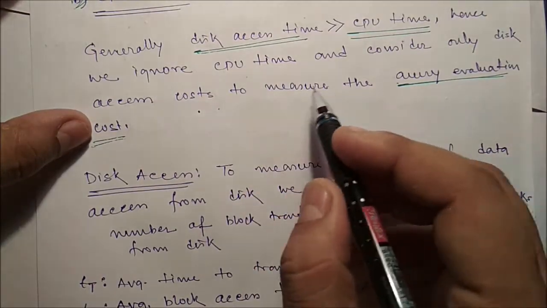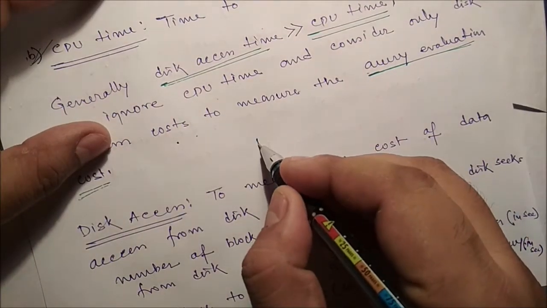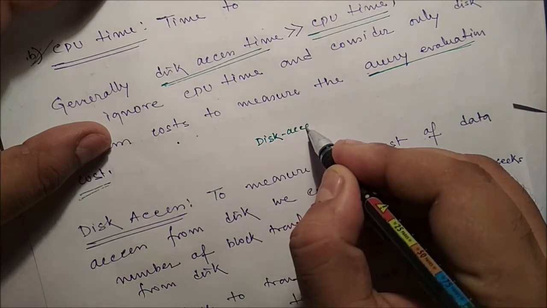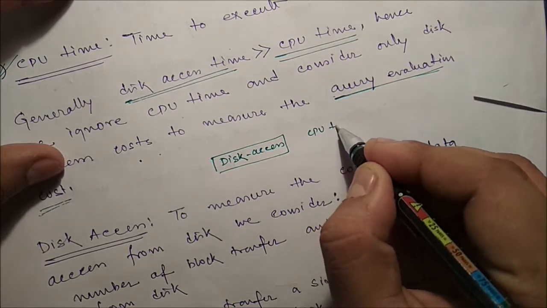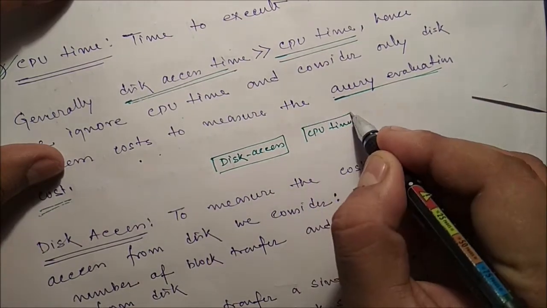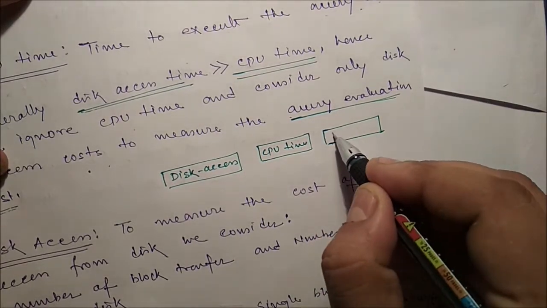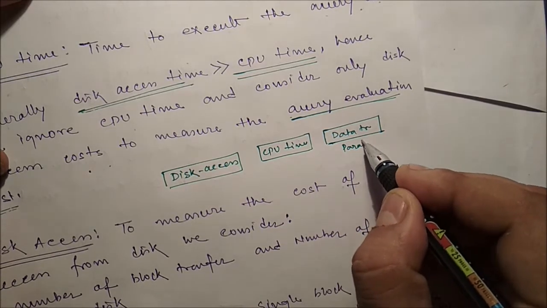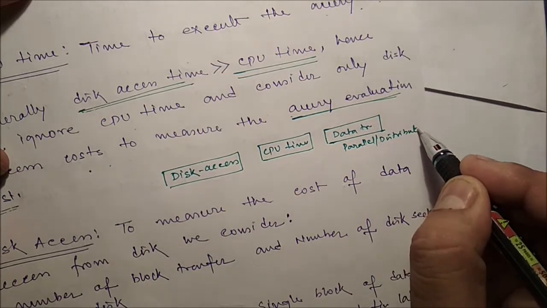Now the query evaluation cost depends upon three factors. First is the disk access time, second is the CPU time, and third is the data transmission time, if it is a parallel or distributed system.